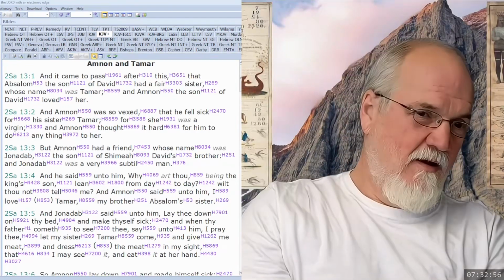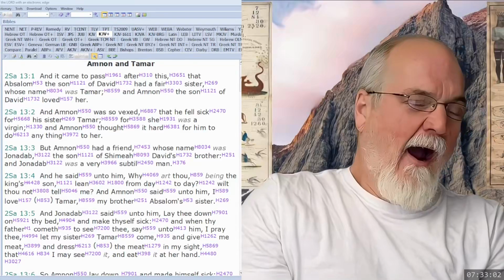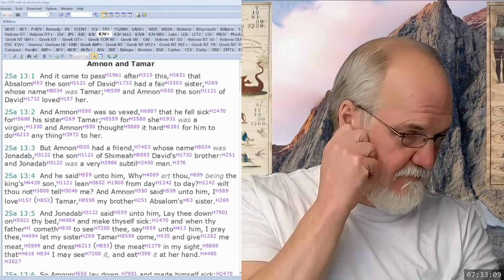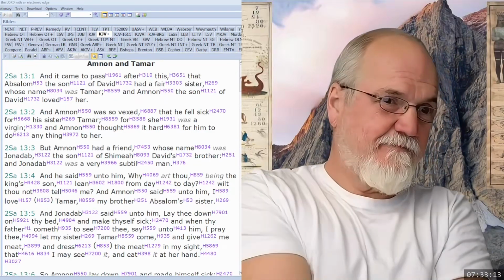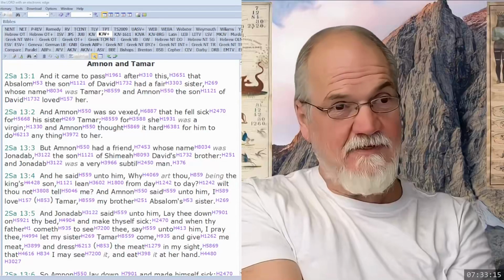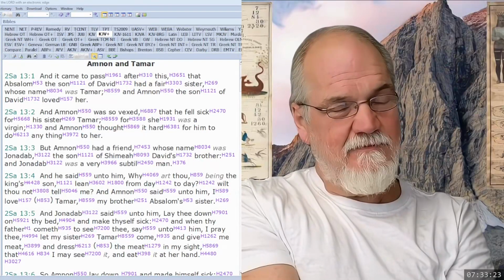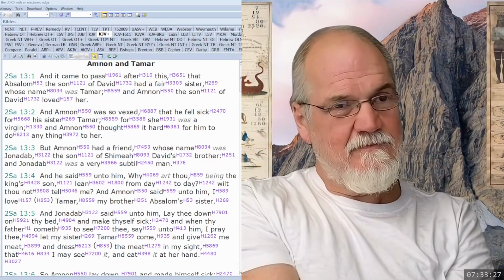Or about 31. And I think the case can be made that Amnon rapes Tamar after David's affair with Bathsheba. Yeah, that's pretty clear. So if that's the case, Amnon would have been in the age range of between 19 and 21.